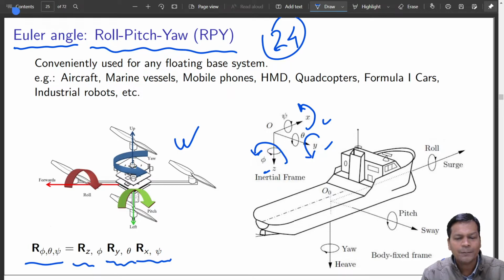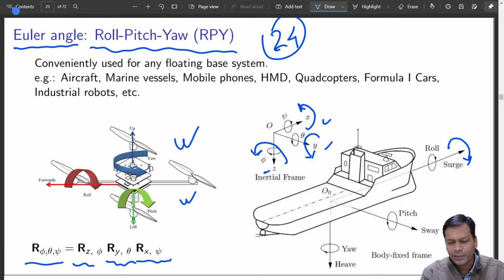When it is all with respect to the global coordinate system, that is with respect to the earth or a fixed reference frame attached to the ground, it is known as roll, pitch and yaw. Rolling, you do rolling, right? If a ship can roll, even flights can roll. In case of a quadcopter or a drone, you can do that as well.